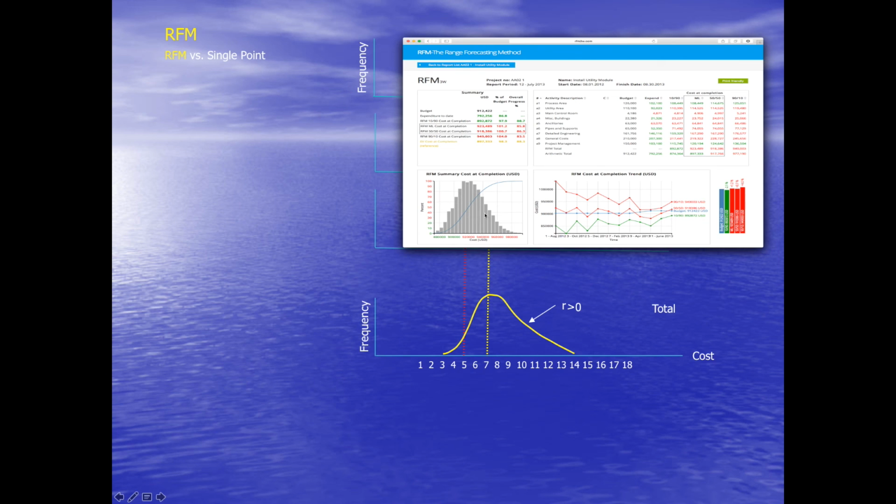So this curve is the same as this, but in addition you have the accumulated frequency curve, and the distance from here to here within 10/90 and 90/10 is the same as the distance you see from here to here for the last report period.